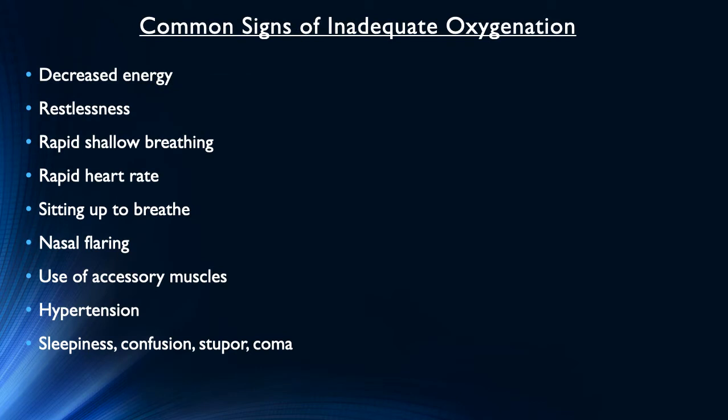So it's very important to know the common signs of inadequate oxygenation. These include decreased energy, restlessness, rapid shallow breathing, rapid heart rate, having to sit up to breathe, nasal flaring, use of accessory muscles, hypertension, sleepiness, confusion, stupor, coma, and agitation.